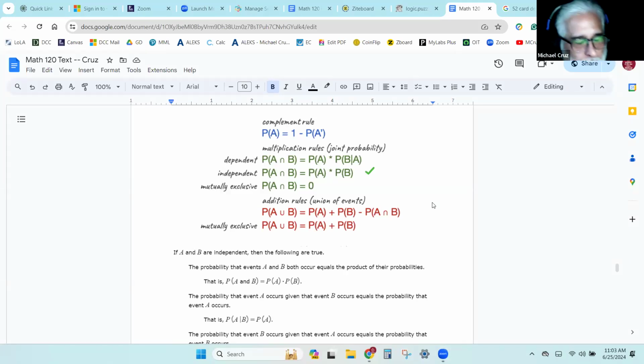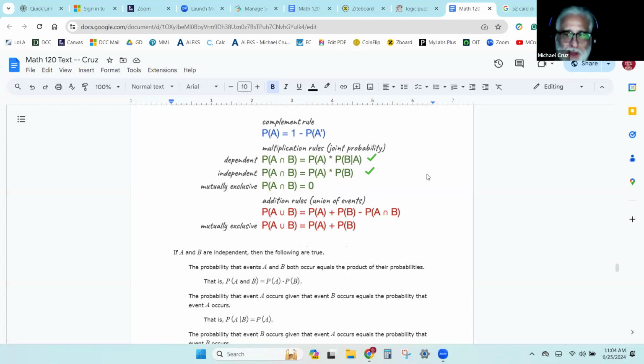If they are independent, then the intersection, or another way of looking at it, A and B, is equal to the probability of A times the probability of B. And the reason for that is because when it's dependent, remember that the first event, probability A, affects the second one.